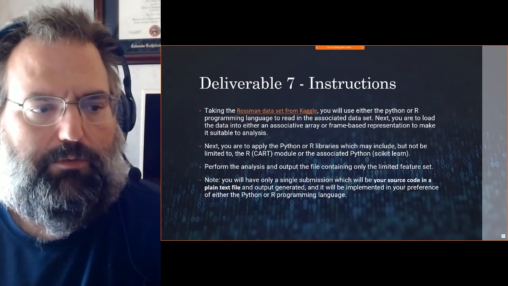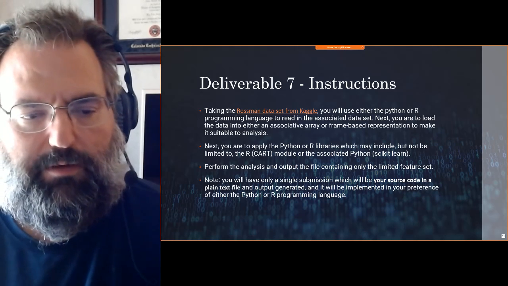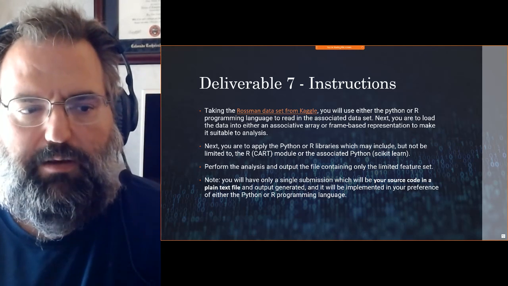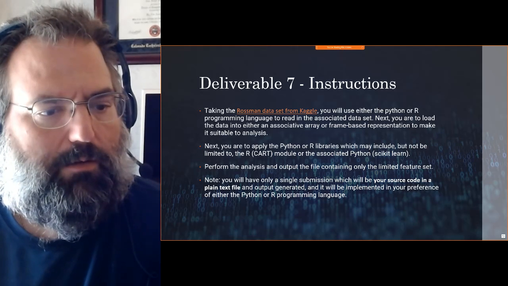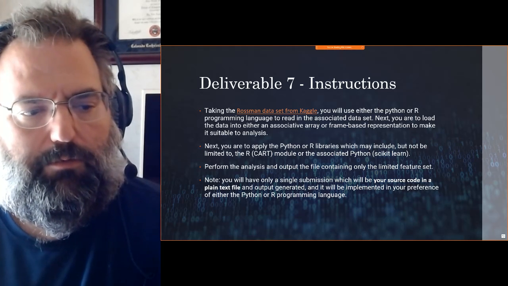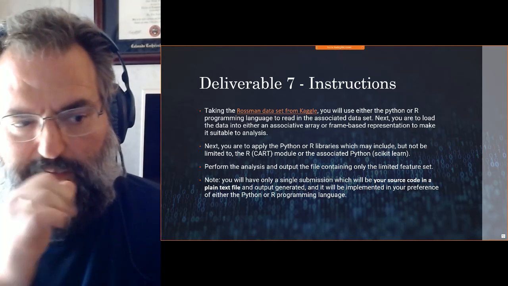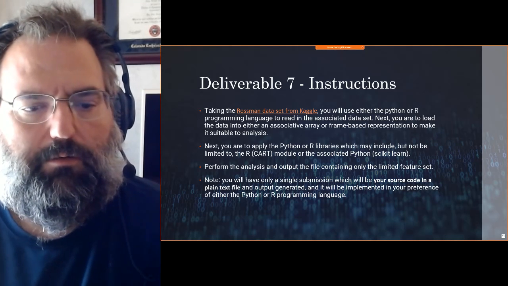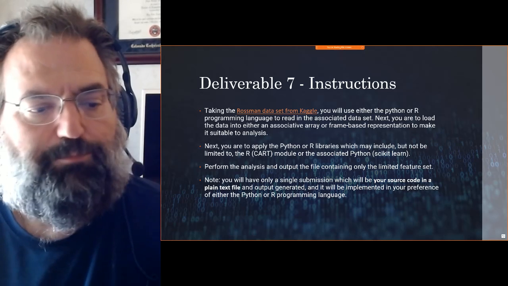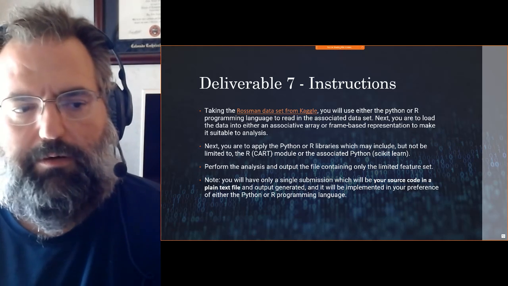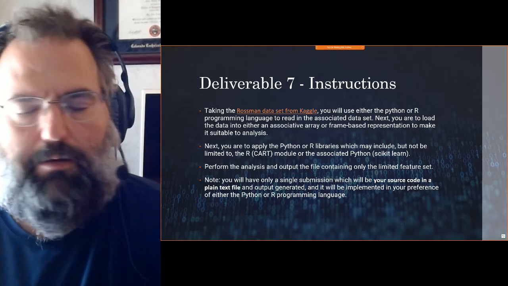Then you're going to load the data either into a data frame or an associative array, whichever is your preference. I would go data frame. And then you're going to apply some Python or R libraries, either CART or scikit-learn. And CART is also available in Python too, so if you want to use CART, you don't have to go with R, just so you know.